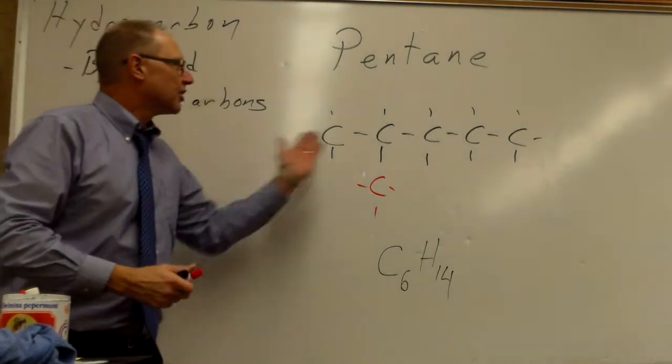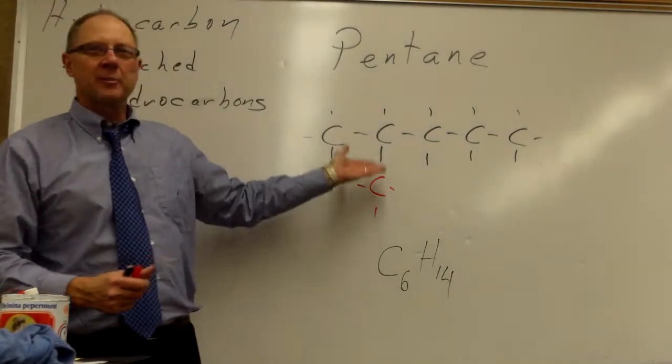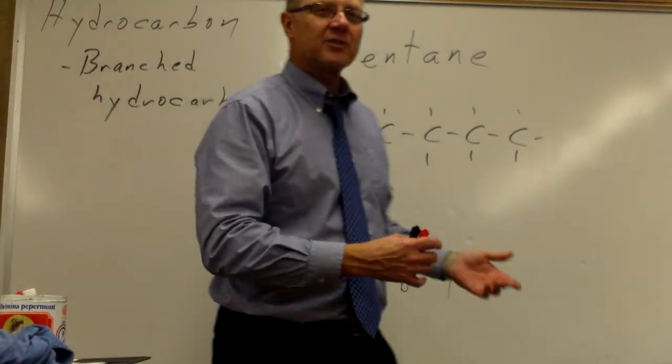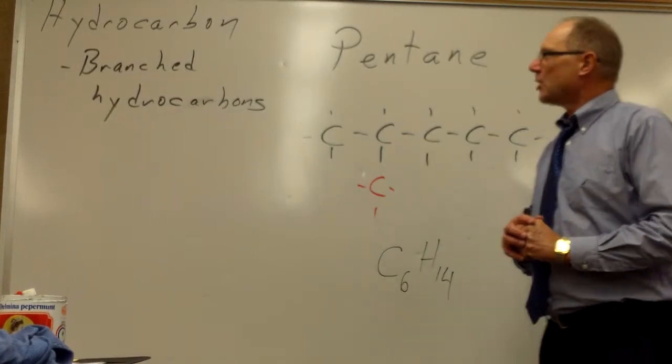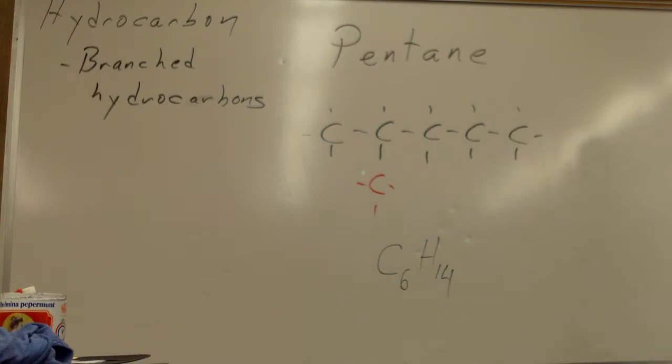In other words, it's a main chain with a branch on it. This is a pretty short branch. It's just a little stubby branch, but you can have longer branches as well. And we'll get some of those. So this is an example of a branched hydrocarbon.